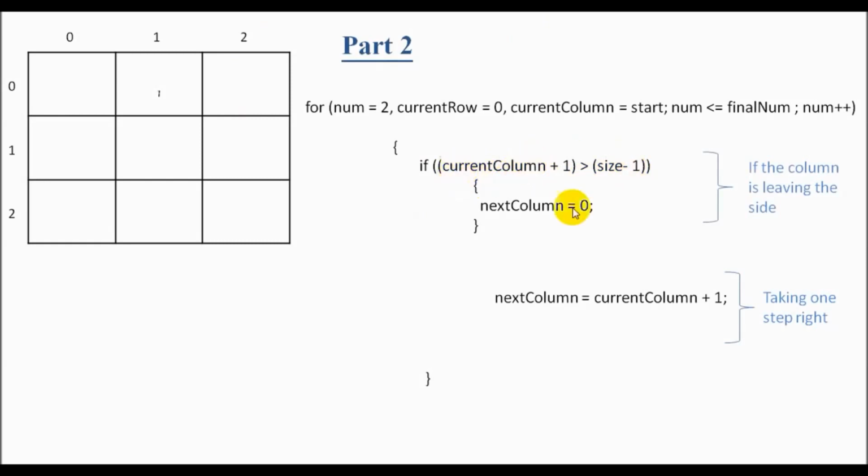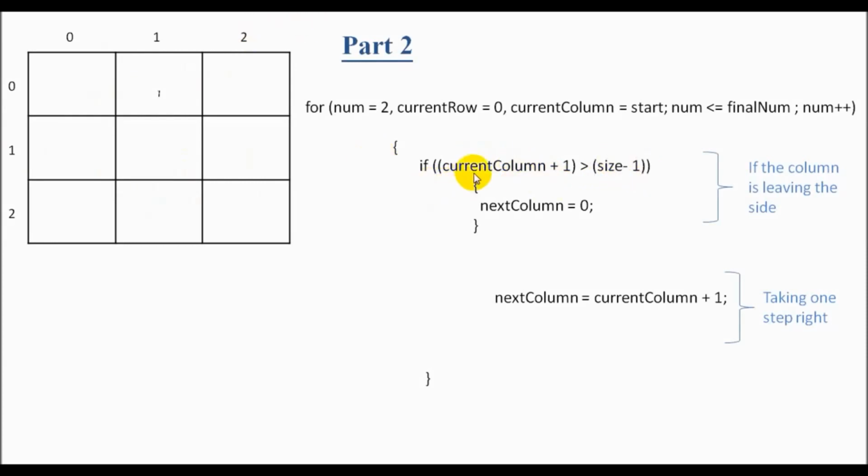Current column plus 1 is the next column number, of course, and size minus 1. If you guys can remember, I have already told that our last column number or last row number is always 1 less than the size number of our matrix. So size minus 1 is just indicating our last column number here.